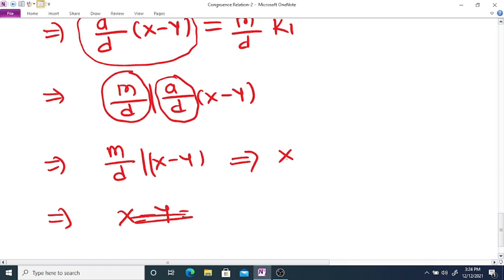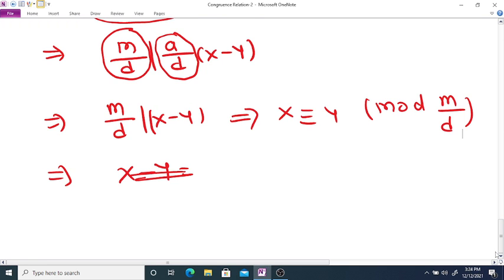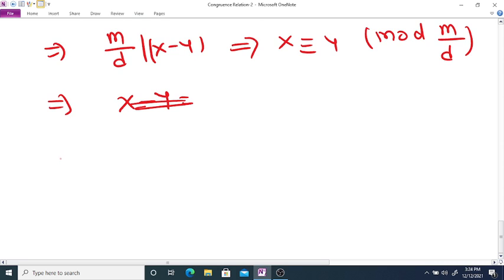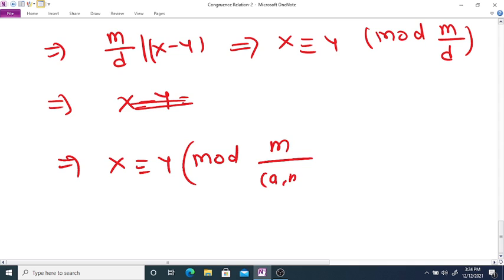From this we can write x is congruent to y modulo m by D, that is, x congruent to y modulo m divided by GCD of a, m, and this is what we want to prove here.